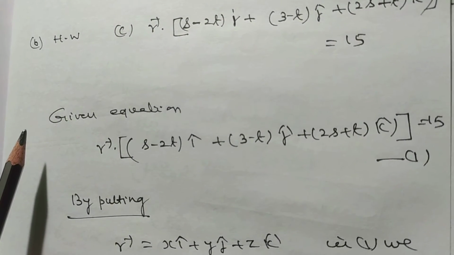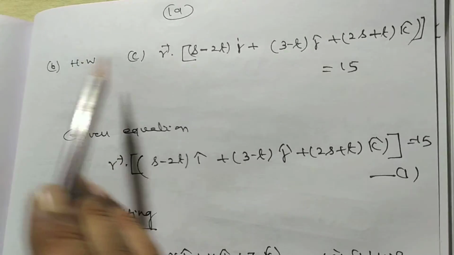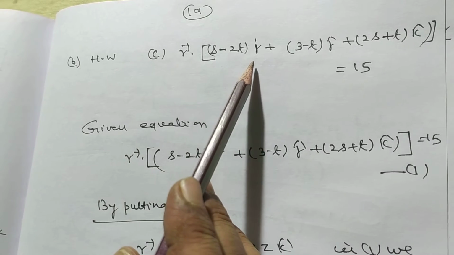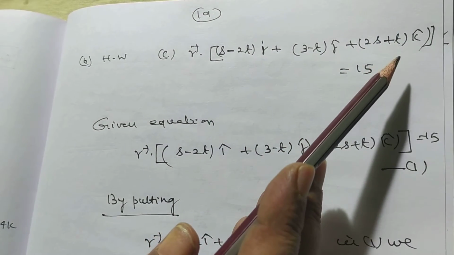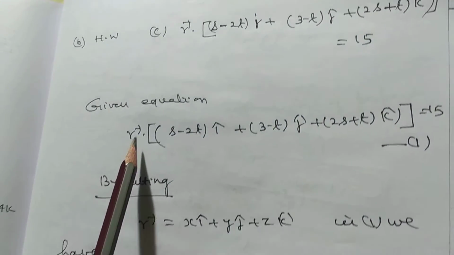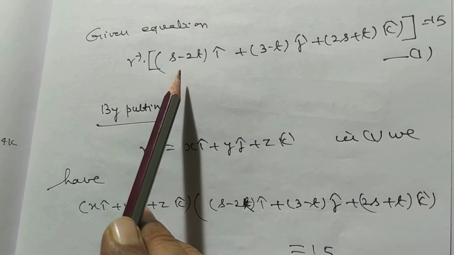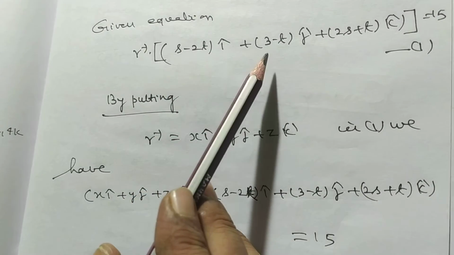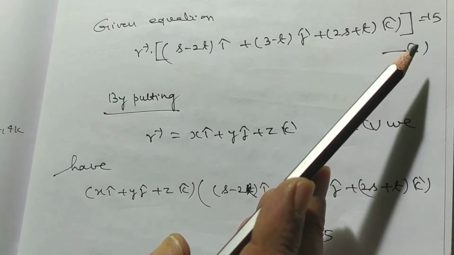Problem number C. What is problem number C? Vector r dot product with ((s - 2t) i cap + (3 - t) j cap + (2s + t) k cap) is equal to 15.